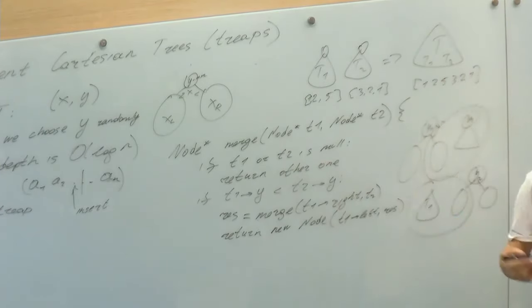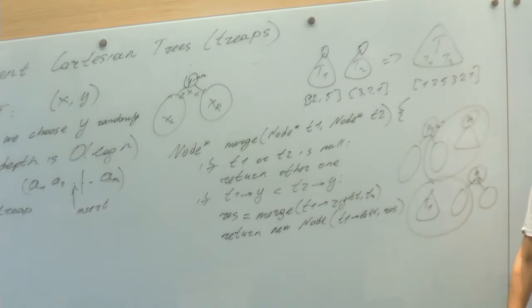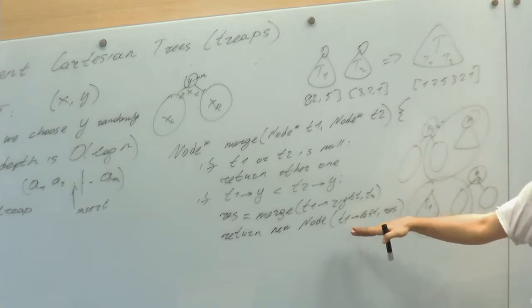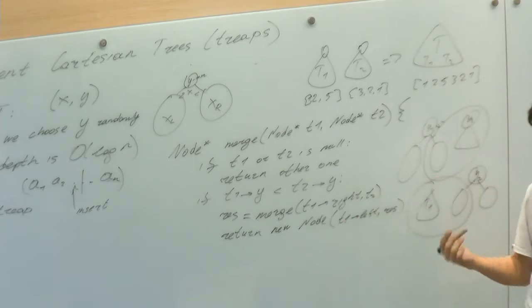Well, maybe I have some other operations. So for example, maybe I use this Cartesian tree to calculate sums on segments. This way I have to recalculate the value of the sum in this new node.